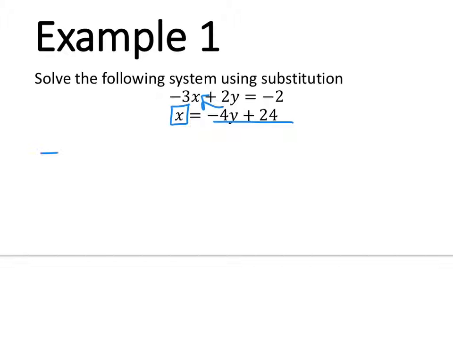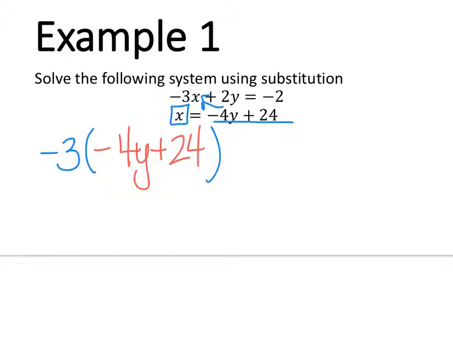Just like in the problem where I put a number in place of a variable, I can also take another expression and put it in place of that variable. So in place of this x, I'm going to write what x equals, which is -4y plus 24. And then I'm going to continue on with the rest of the equation. Plus 2y equals -2.